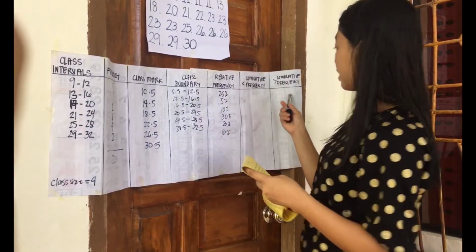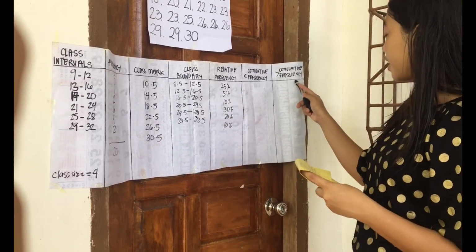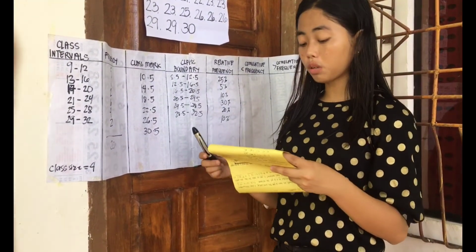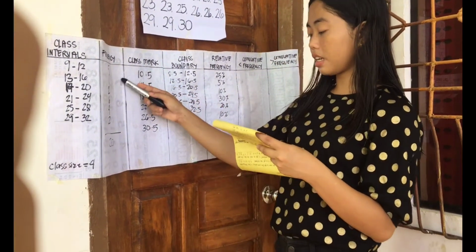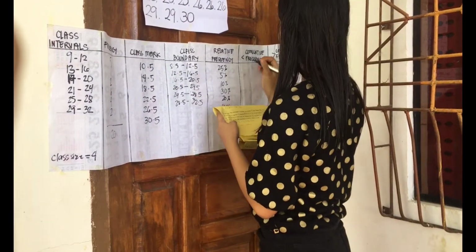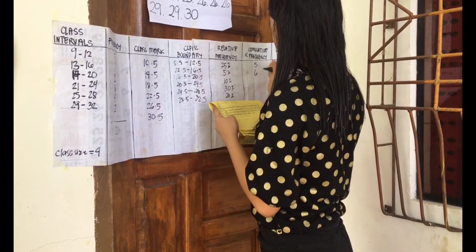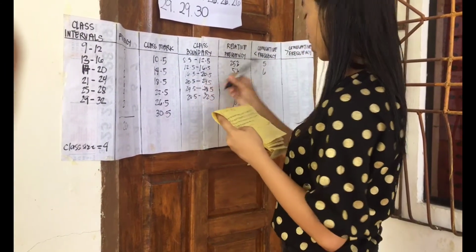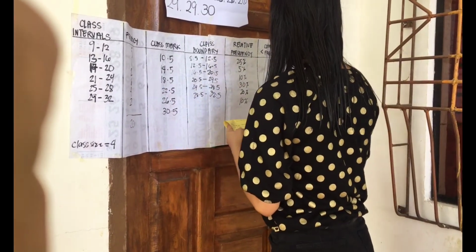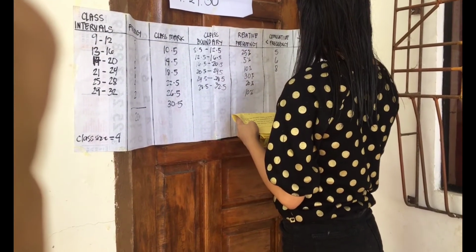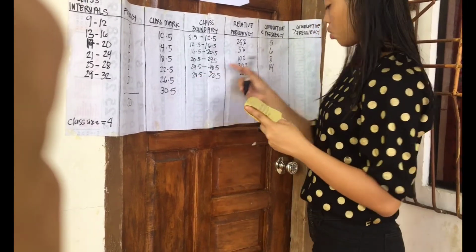And we have two cumulative frequencies: the less than cumulative frequency and the greater than cumulative frequency. First, we copy the first frequency, which is 5, and add the next number. So 5 plus 1 is equal to 6. 6 plus 2 is equal to 8. 8 plus 6 is equal to 14. 14 added by 4 is equal to 18.